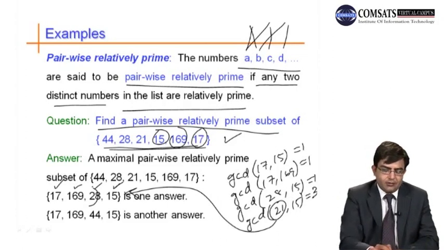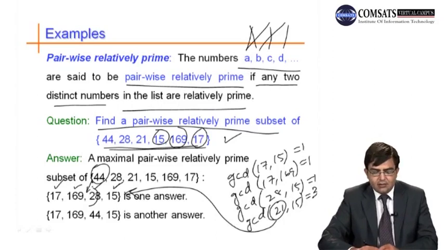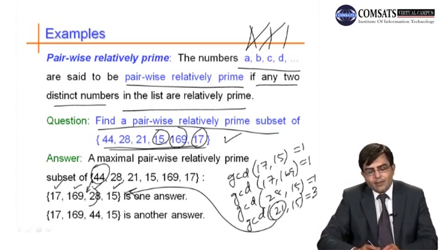Similarly, if we write 44 in this set, then 44 and 28 have a GCD which is not equal to 1. So 44 and 28 are not relatively prime.